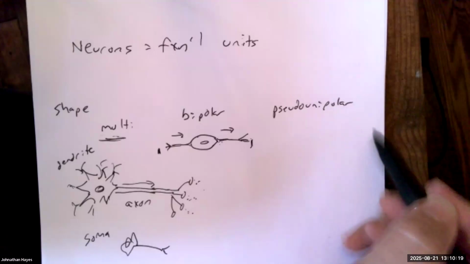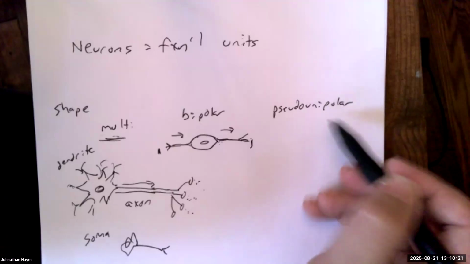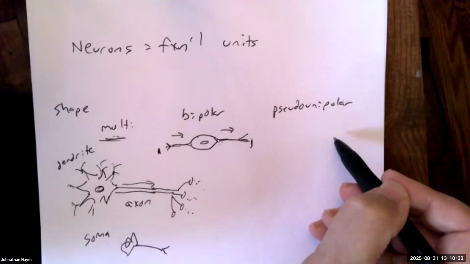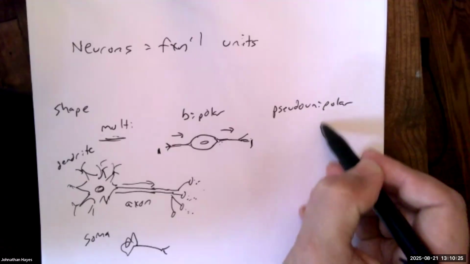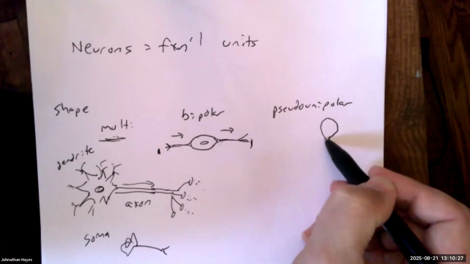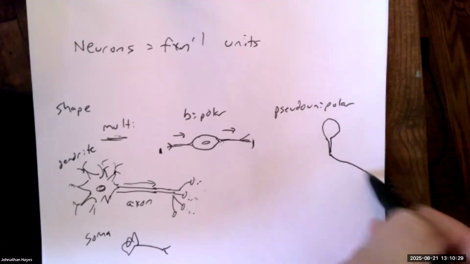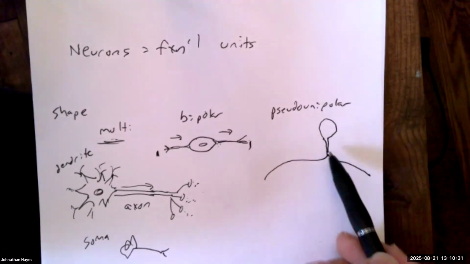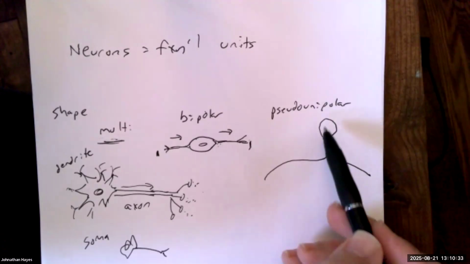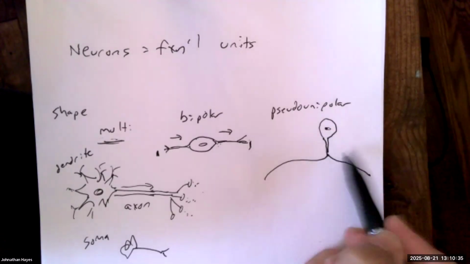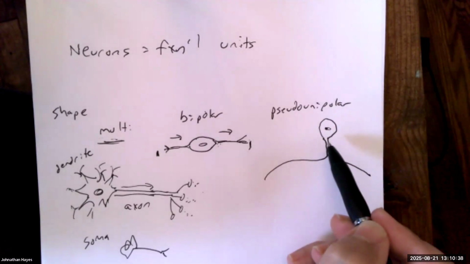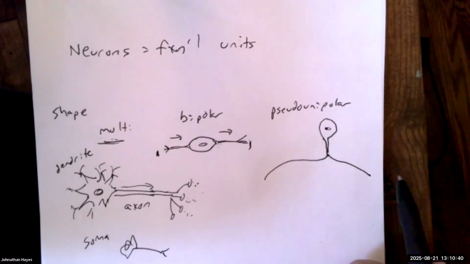When you get into pseudo-unipolar neurons, these are the weird ones because there's really only one place we talk about them. So they end up looking something like this. And it appears as though they only have a single process coming off a central soma. But in reality, if you got much closer, you would see that that's actually two processes.